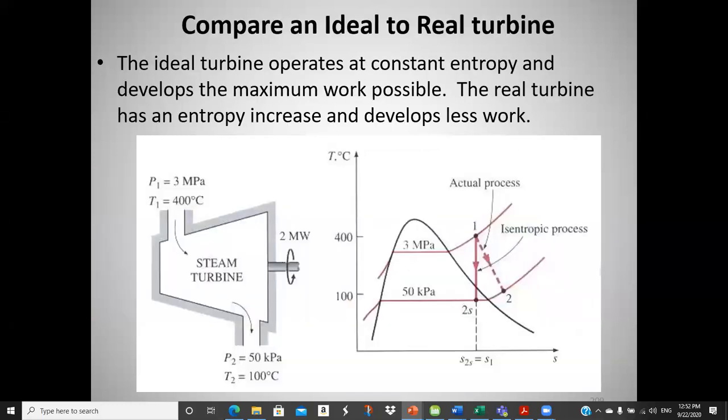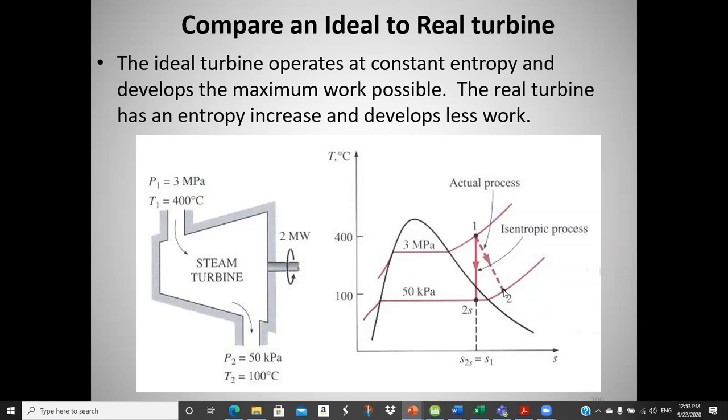Okay. Now, we want to do that analysis to compare an ideal to a real turbine. I think I cut this out of the thermo book or something. Anyway, we've got an isobar up here, 3 megapascals, and we're going to drop down to 50 kPa. You see the ideal turbine comes down to the state 2S, but the real turbine winds up over here.